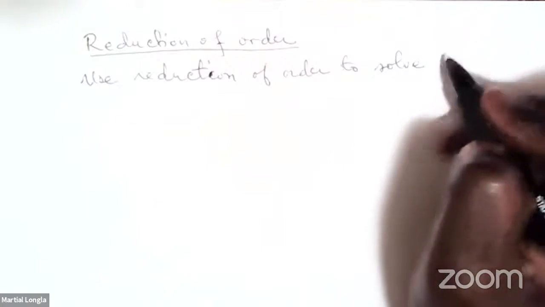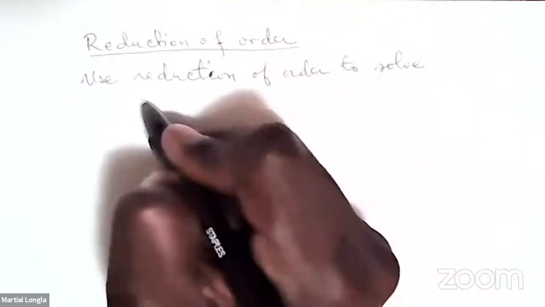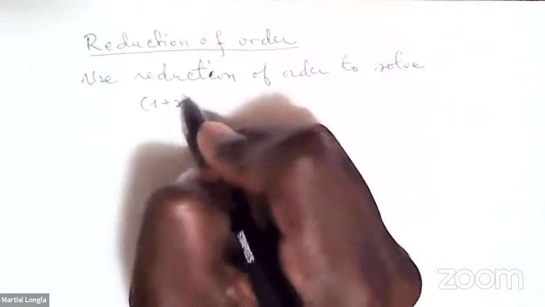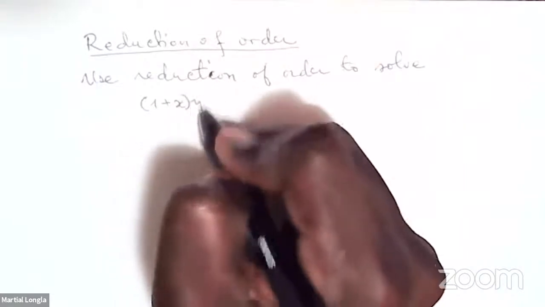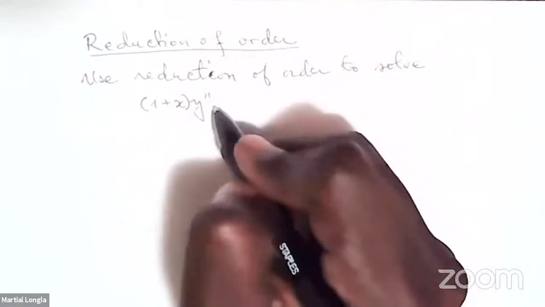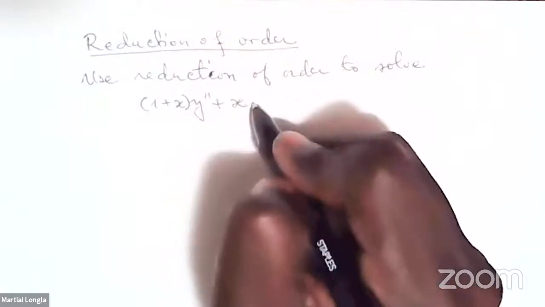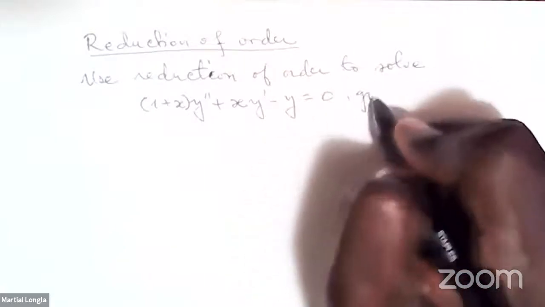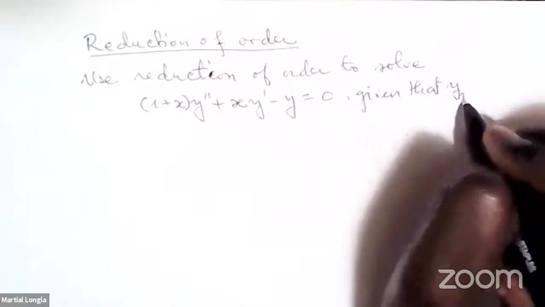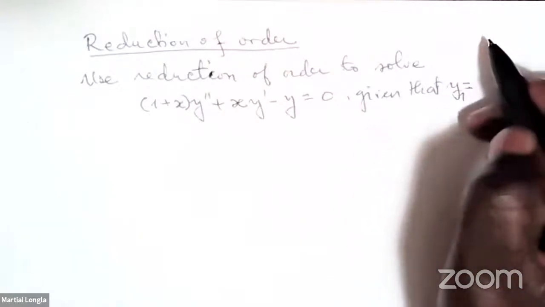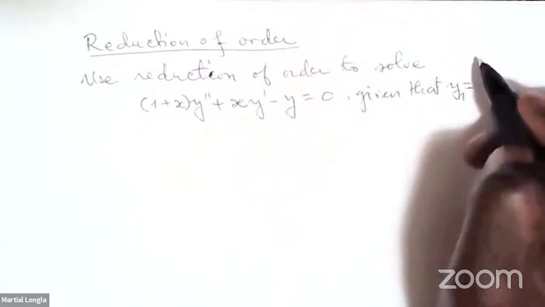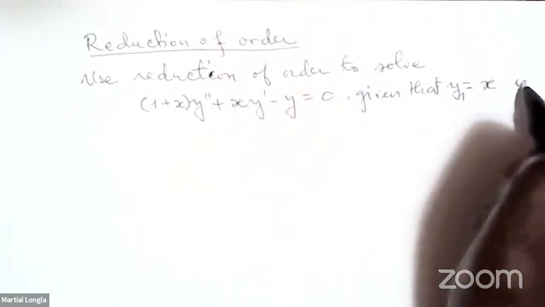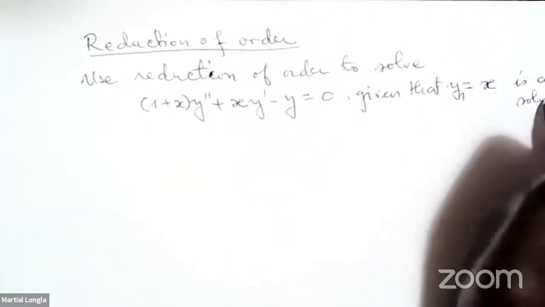1 plus x times y double prime plus x y prime minus y equals 0, given that y1 equals x is a solution.